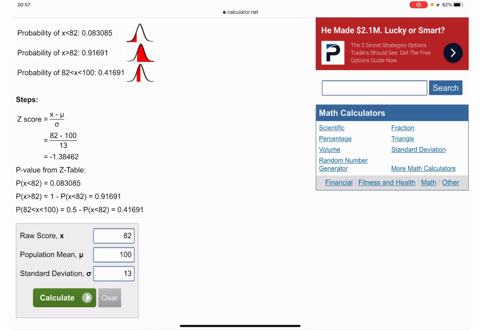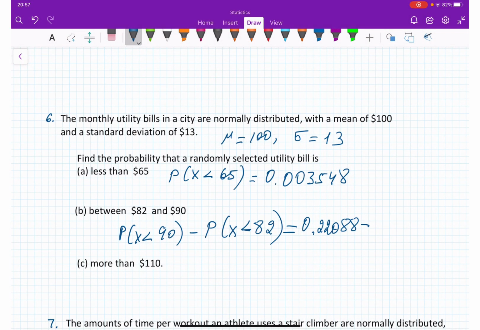It's going to be minus 0.083085, and that is going to be equal to 0.137795.